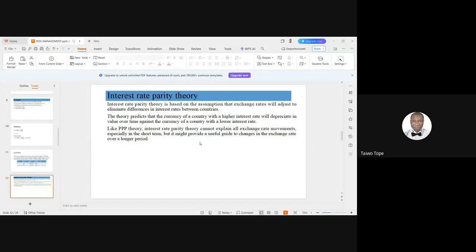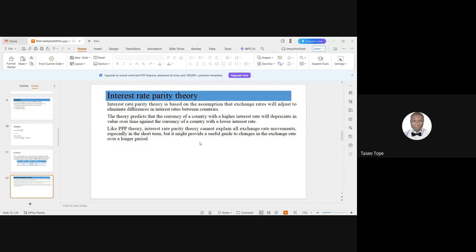So the theory states that the interest rate differential between two countries is equal to the percentage difference between the forward exchange rate and the spot exchange rate. That is the difference between the forward exchange rate and the spot exchange rate will result into what?